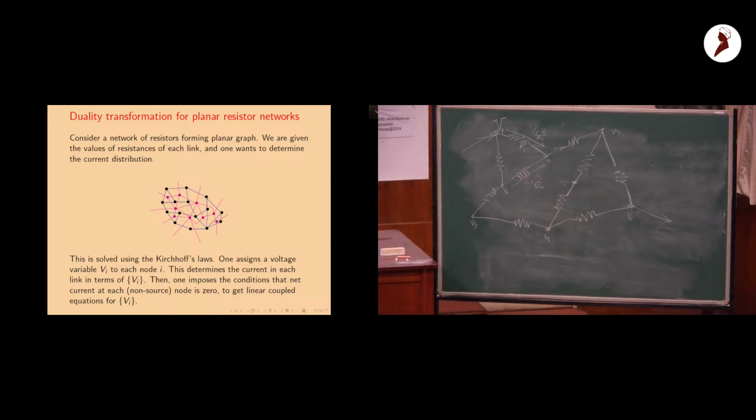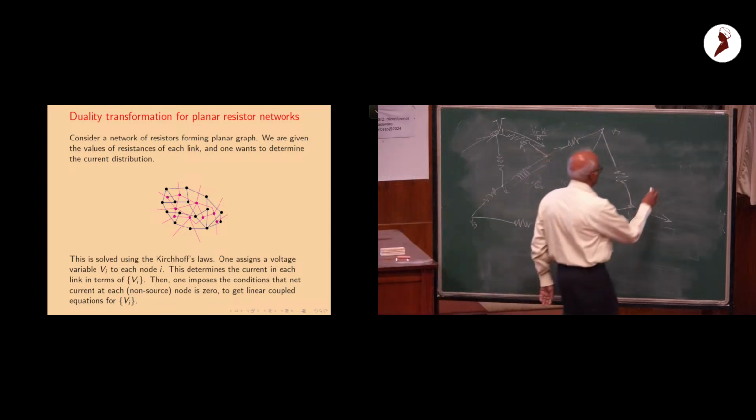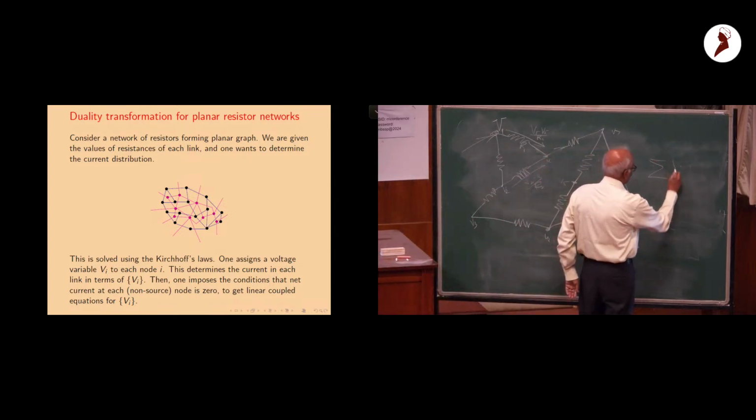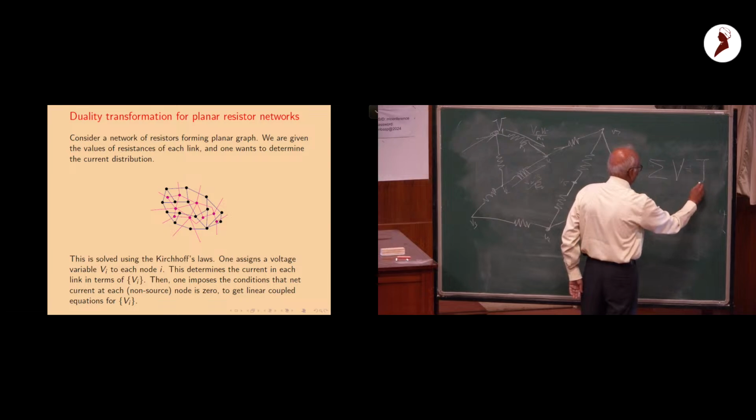So I can set one of these voltages to 0, whichever one I like. Okay, and then the number of equations you get will be equal to the number of unknown parameters, and you solve for each of them. Okay, so the equation is written as sigma times V equal to I.